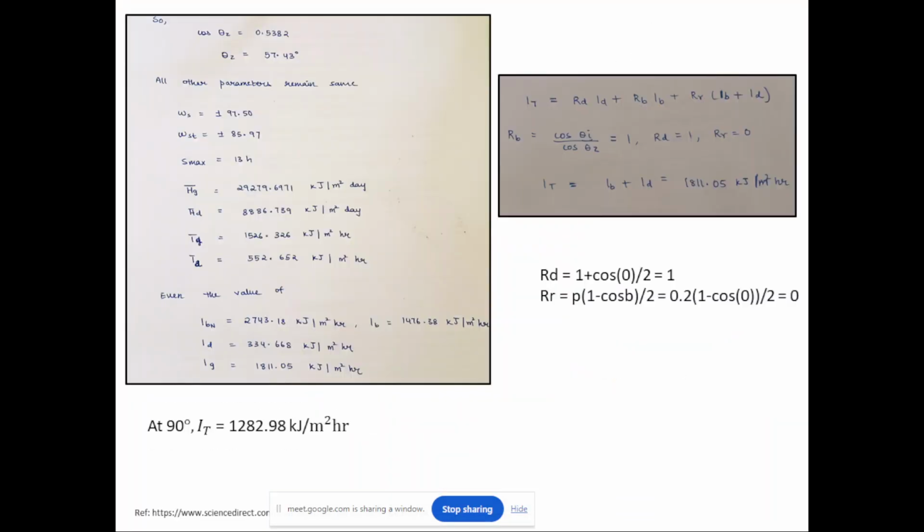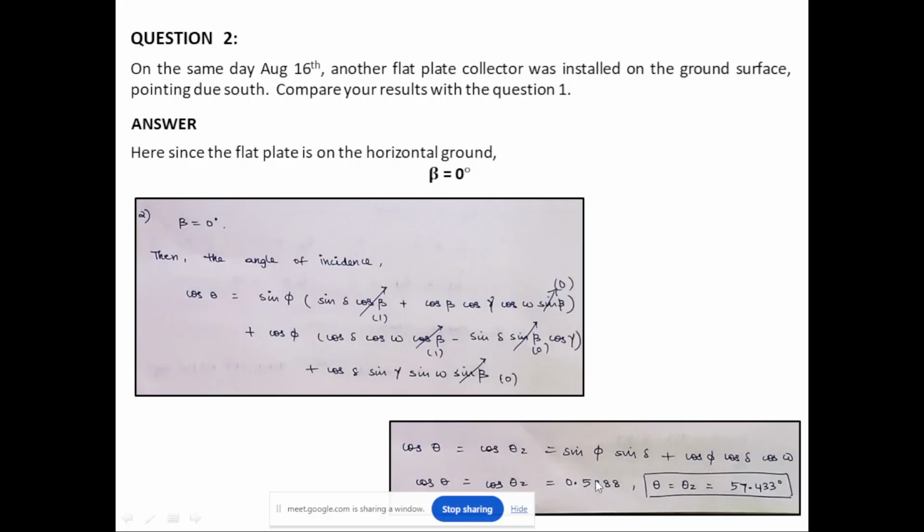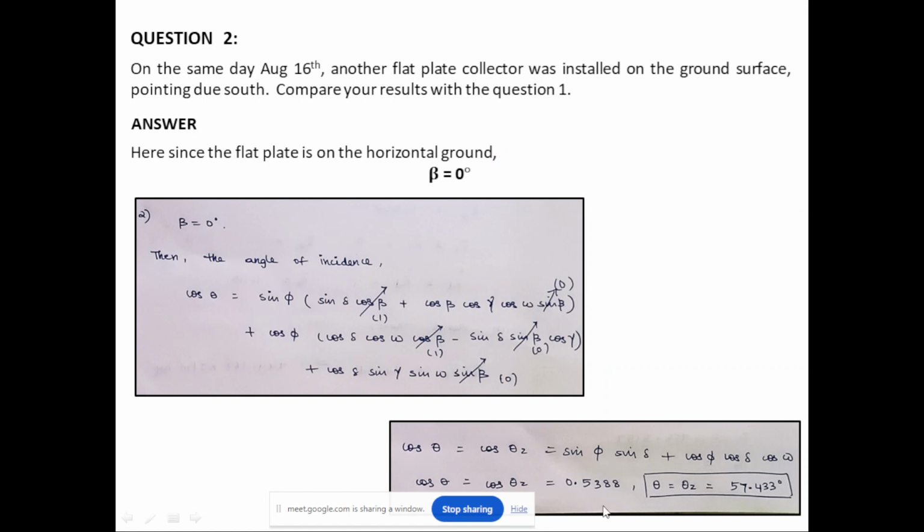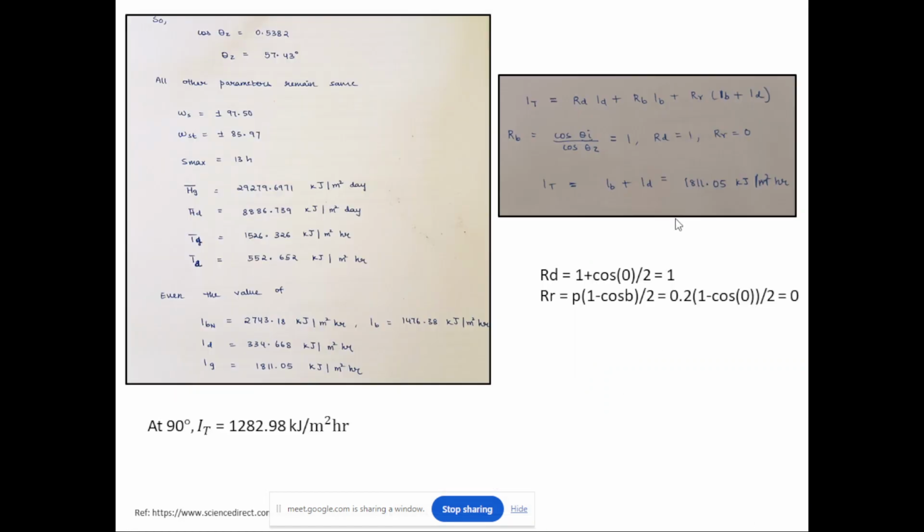So your value of Rr is 0. Rb is cos theta I by cos theta z. Here theta I is your angle of incidence. So that value is around 0.5388, and the cos theta z is the same. So theta I and theta z here are the same, so the value will be 1.